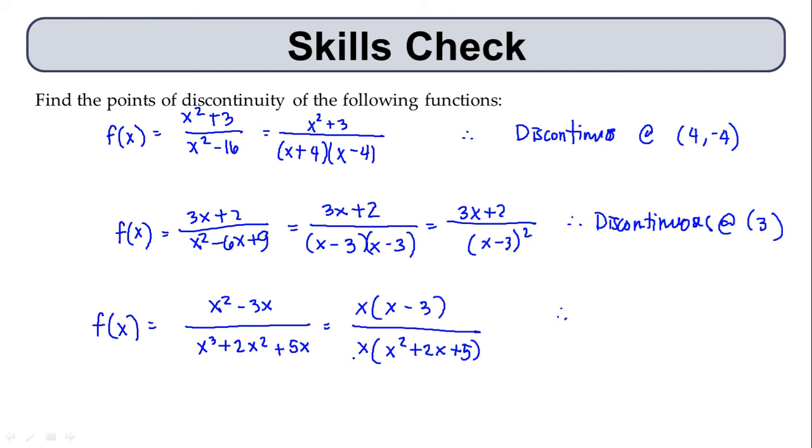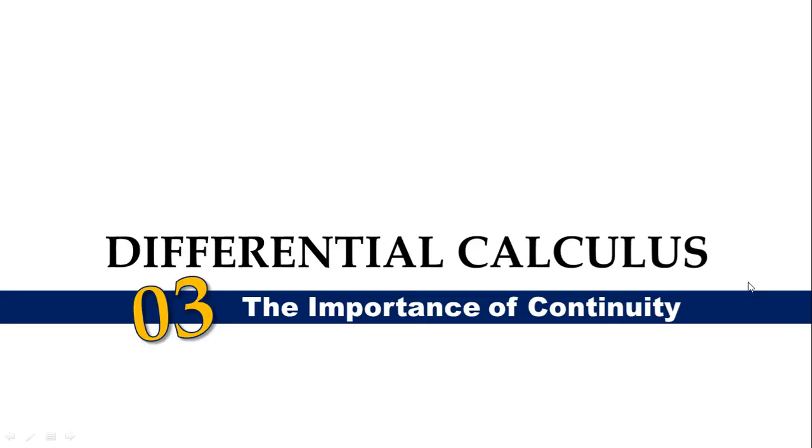Okay? So pag naging 0 yung ilalim kasi, 0 na yan. So discontinuous at x is equal to 0. So ganun lang siya kadali. No? Sa paghahanap ng mga discontinuity. Yan.